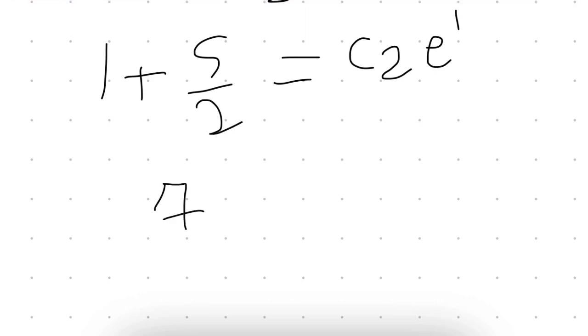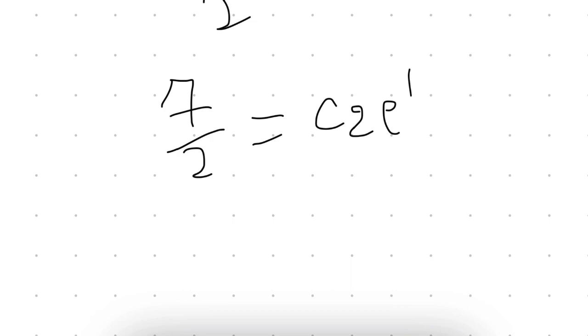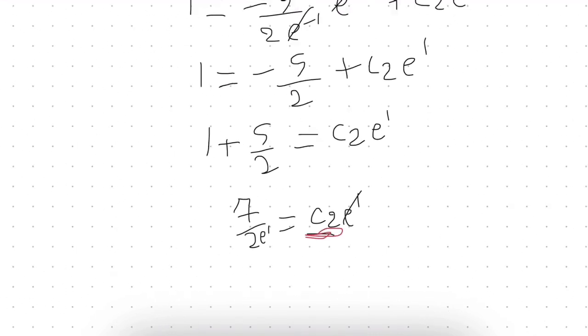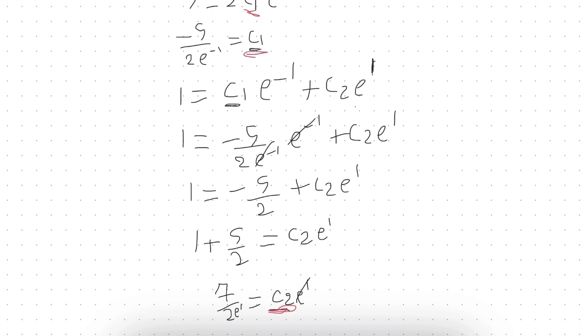It's going to be 7 over 2 equal C2e1. We divide by e1 over here, and we find our C2, and our C1 right here.